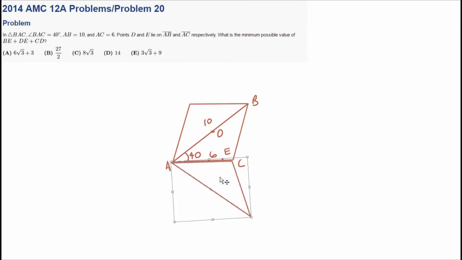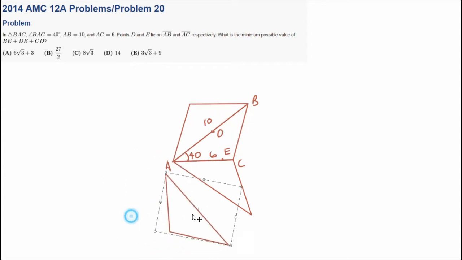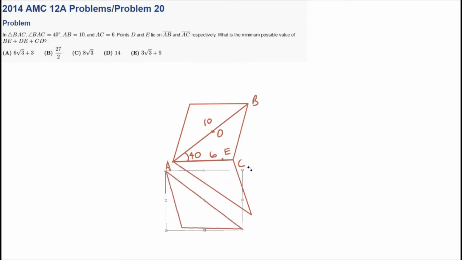You'll see why. And one more time. So there we go. We've reflected the shape quite a few times across AB, and then we reflected that across AC.